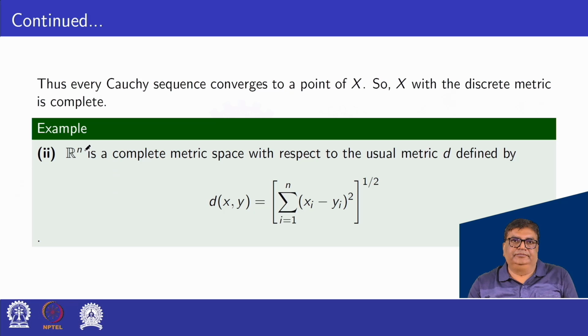Next example: Rn is a complete metric space with respect to the usual metric d defined by d(x,y) = (summation i = 1 to n of (xi − yi)²)^(1/2).